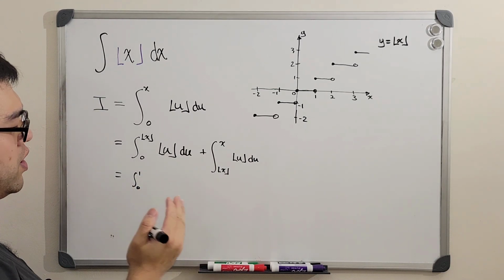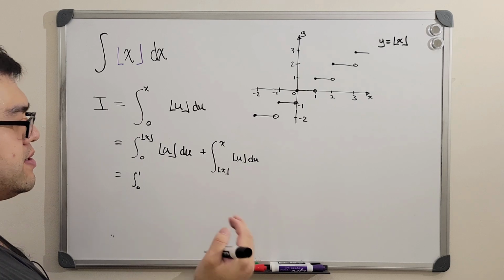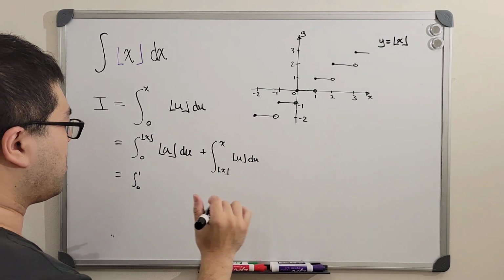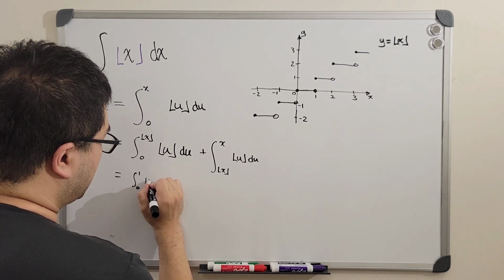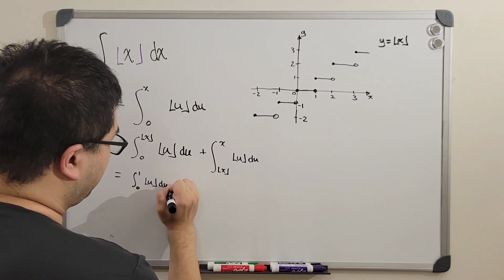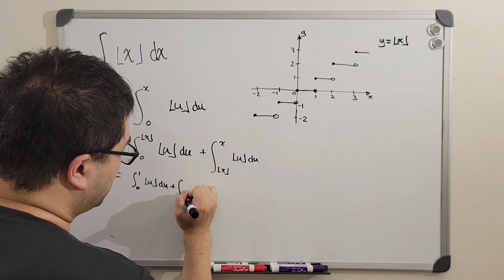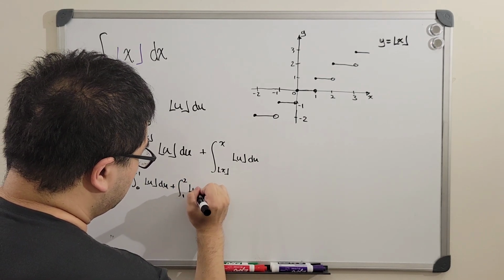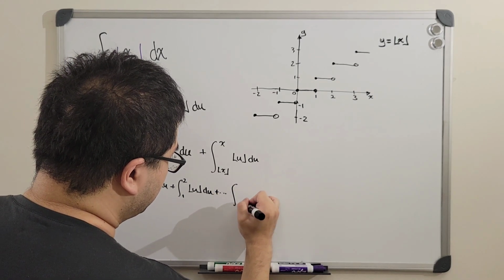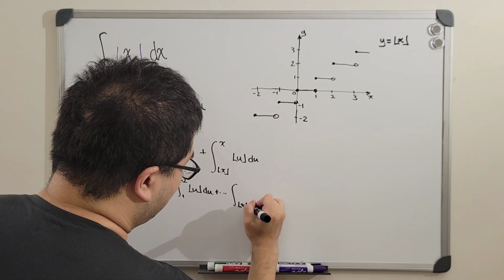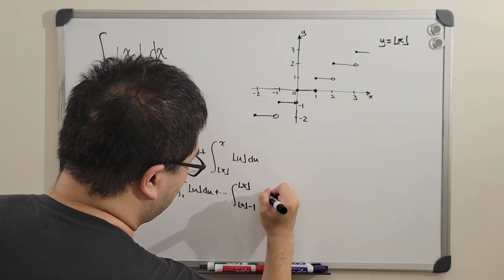Suppose that floor of x is some value that's actually large. We can just generalize it anyway. So we'll get something very similar from 0 to 1 plus 1 to 2, and then go all the way to the floor of x minus 1 to the floor of x itself.